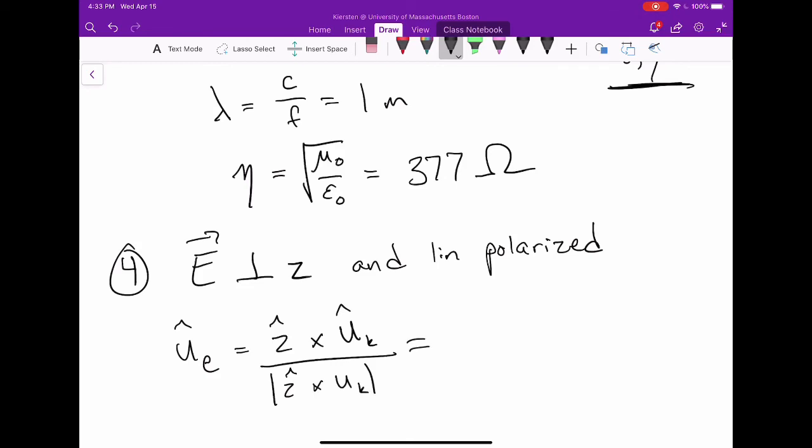Now when I'm working out this cross product, I like to use the determinant method. So I do x hat, y hat, z hat, and then the next vector is 0, 0, 1, and the next vector is 1 over √3 in all the components.